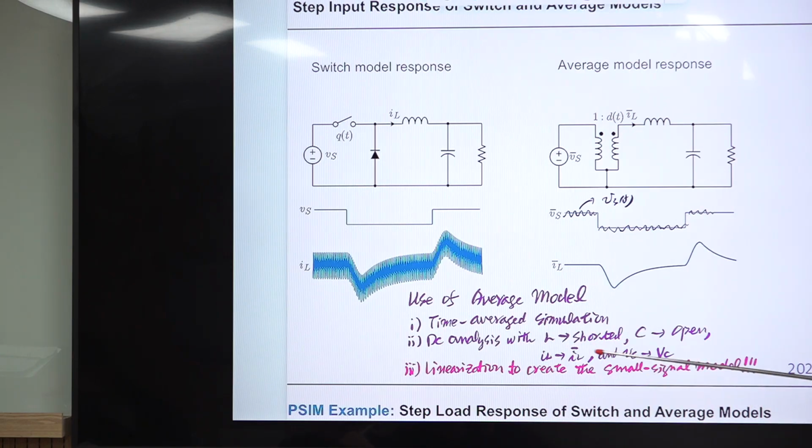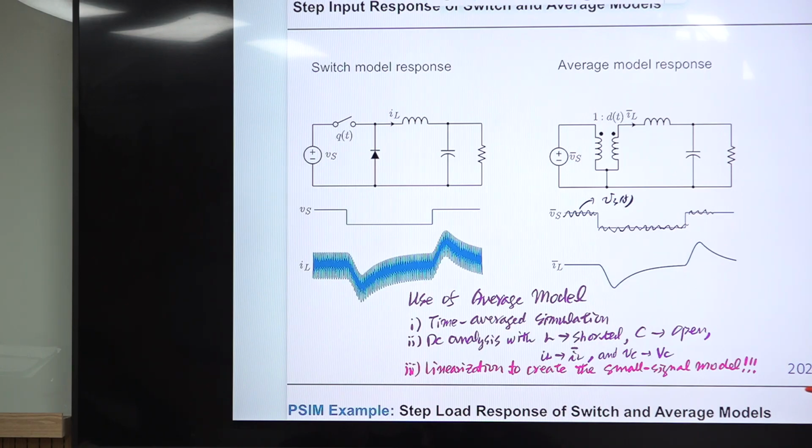But the most important application of the average model, the critical use, is this one. You can linearize this average model because it is a non-linear model: d(t) is a time-varying function and everything is a time-varying function. If you multiply two time-varying functions, that operation is classified as a non-linear operation.